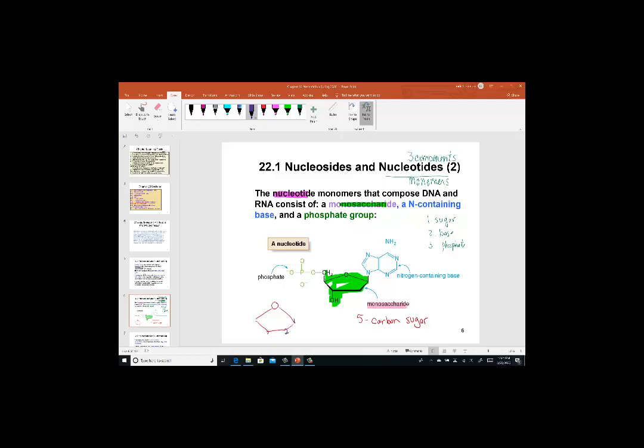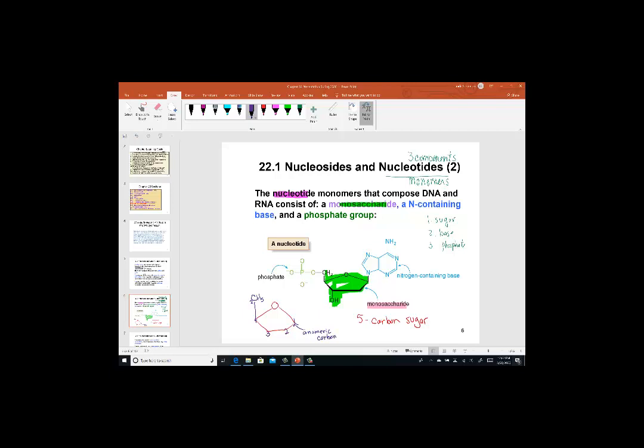Here's carbon 2, 3, 4, and then carbon number 5 comes up out of the ring. So this is carbon 5 in a 5-carbon sugar. This carbon number 1 is called the anomeric carbon, 1 clockwise from the oxygen that's in the ring.